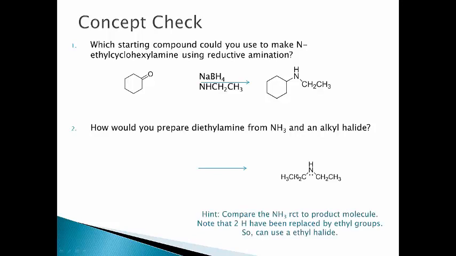So we could use NH3 and react it with an ethyl with a halogen on it. Okay, so two of these, then we would have the displacement of the halogen to the nitrogen, and we would get the N with the CH2CH3 coming off it. Okay, so this reaction again is a substitution reaction.